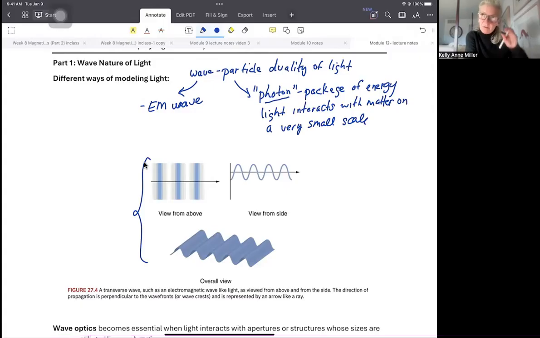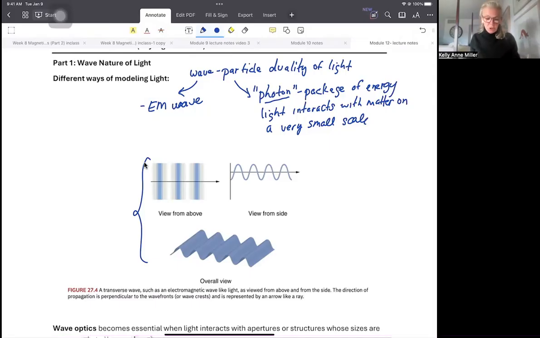Usually it's easier to think about light as a photon particle. Whereas when light is bending or getting distorted as it hits different obstacles, as in diffraction and refraction, it's much easier to think about light as a wave. We'll see that in a second.